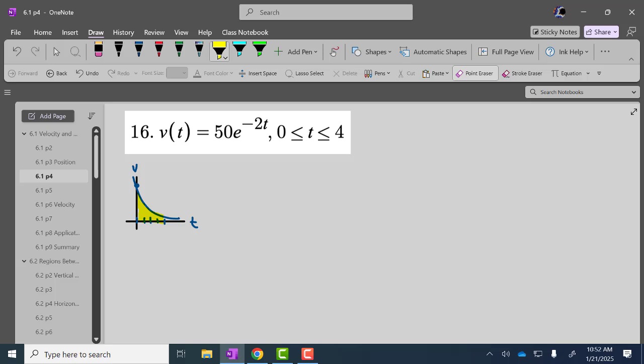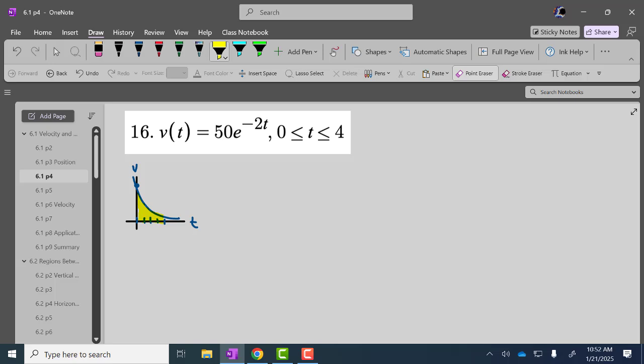In this particular case, what can we say about the displacement and the distance traveled? Is there something that we can say about how those two are related? They're going to be the same, and the displacement will be positive, right?